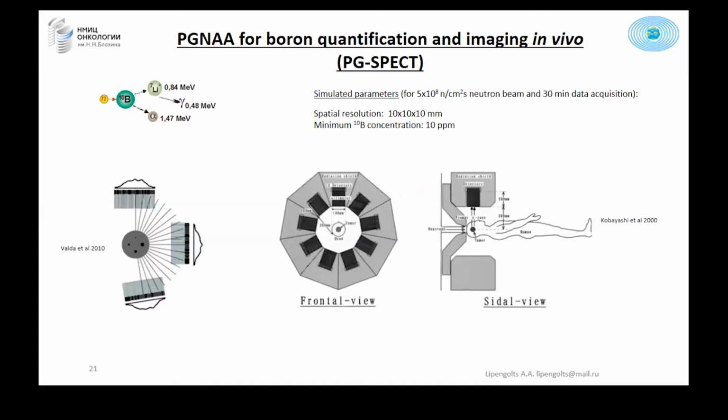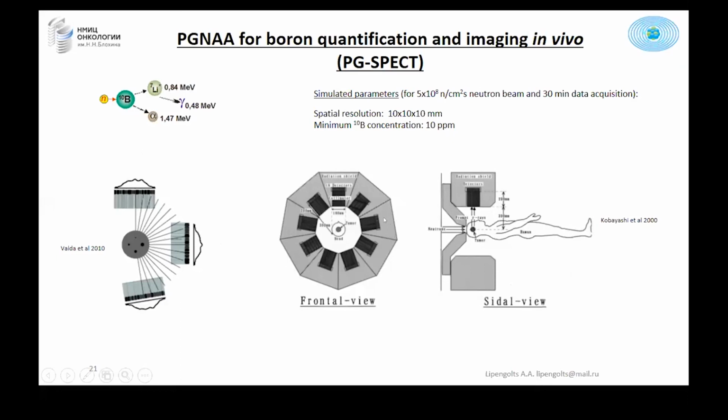And the final method I would like to talk about is, I would say, my favorite method. That is the development of prompt gamma neutron activation analysis. It was suggested in 2000 by Kobayashi, and it uses the same gamma radiation from the neutron capture reaction on boron to detect it all around the object, similar to PET.